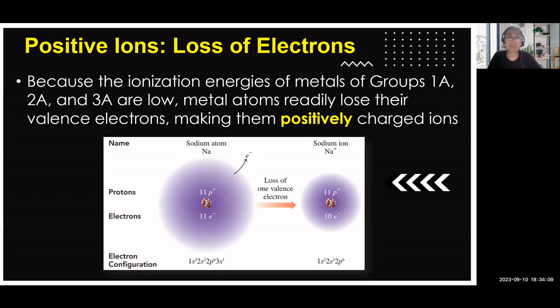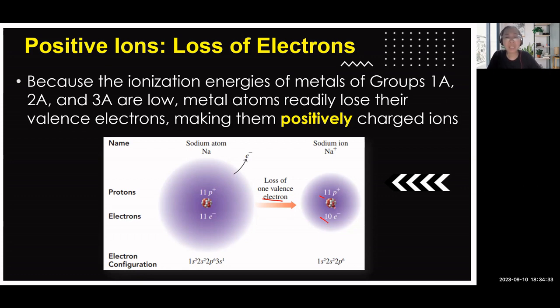Now, what happens if the sodium atom loses one valence electron? Once it loses that one electron, you have more protons compared to electrons. You'll have 11 protons, which are positively charged, and now 10 electrons, which are negatively charged.